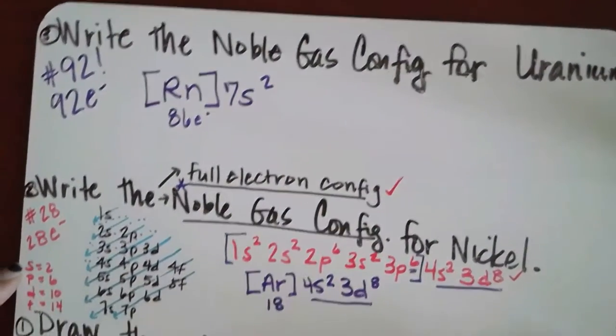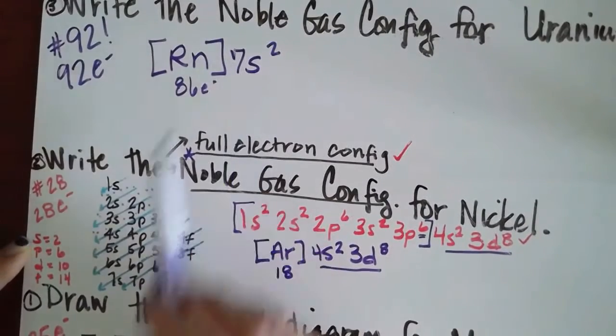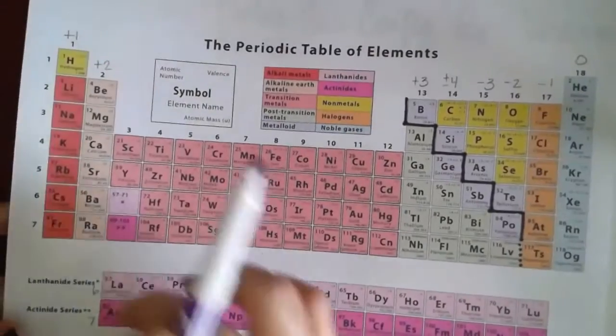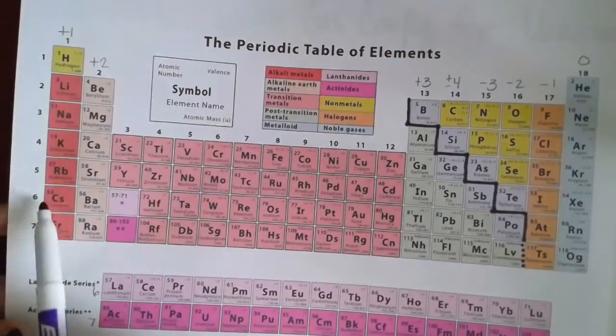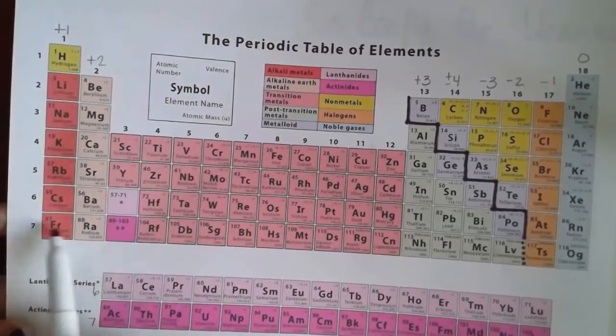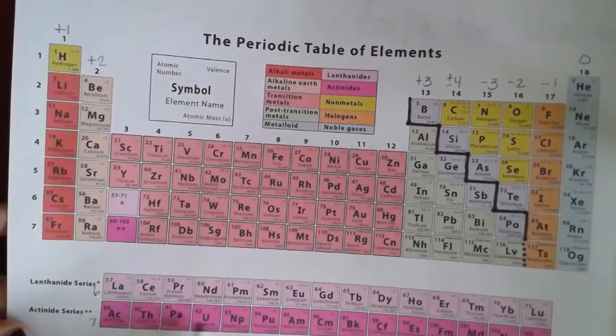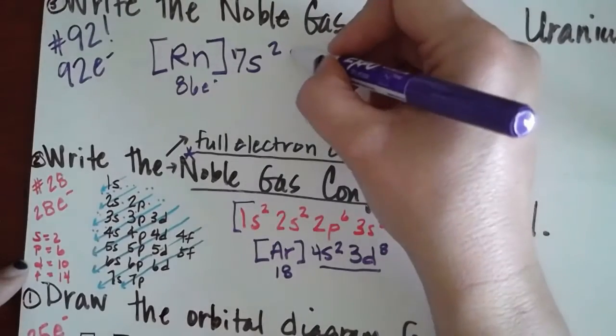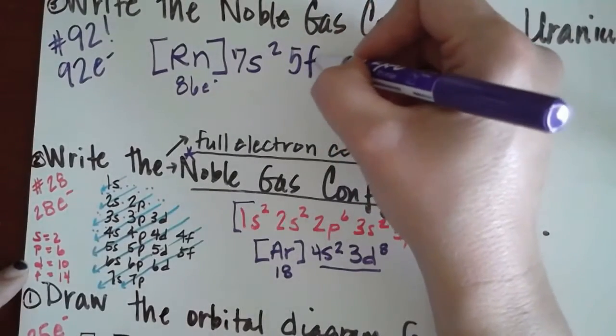Notice if I do this, after 7s now comes 5f. Like I said in the last video, these fit in here and are 2 less than the row number. So this is 4f, this is 5f. So my 5f's are right here, and I'm going to write my 5f.